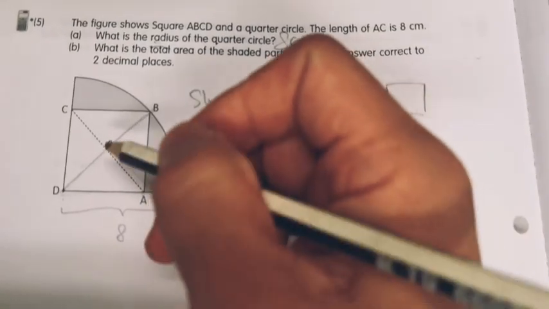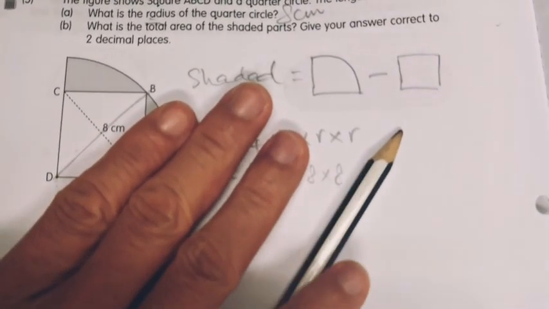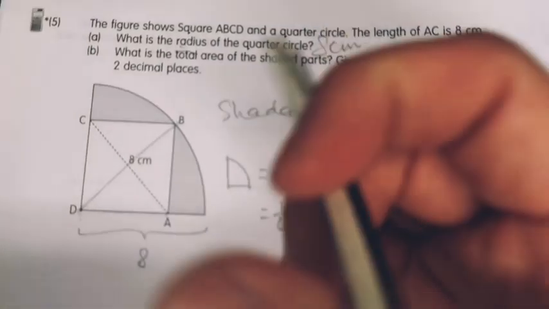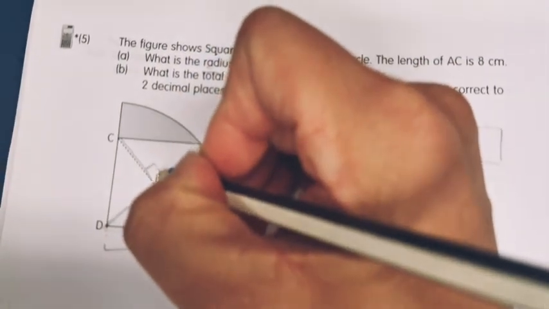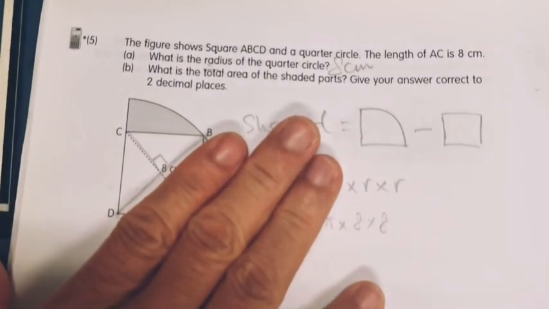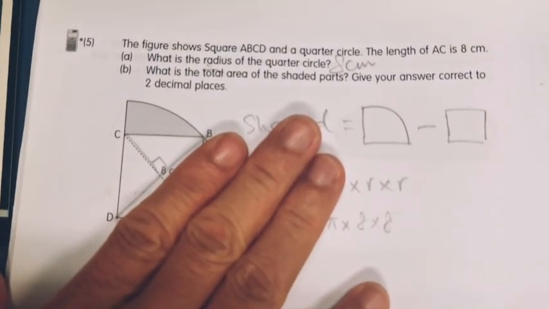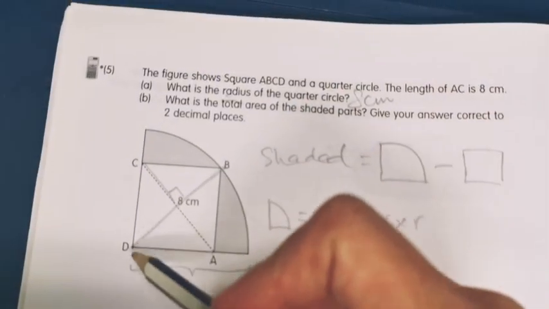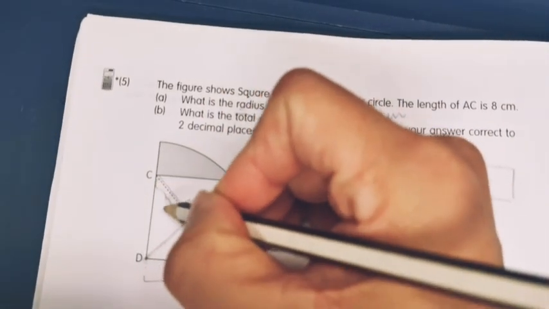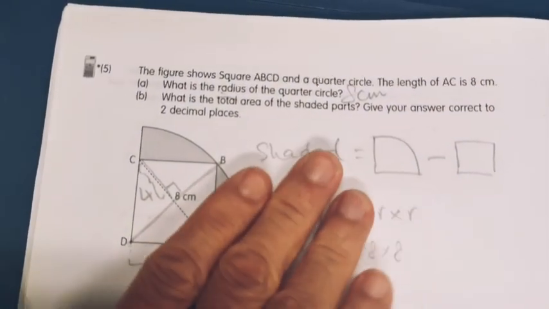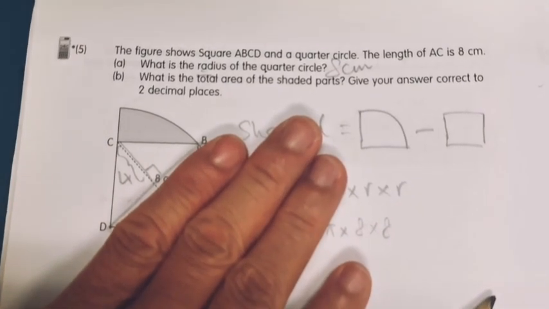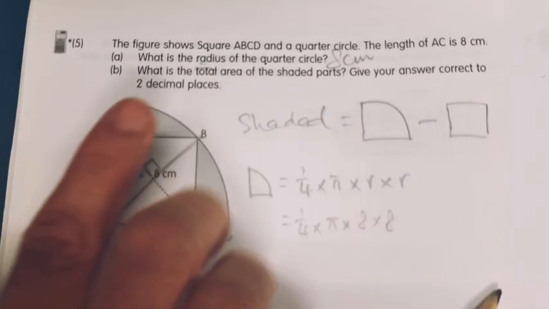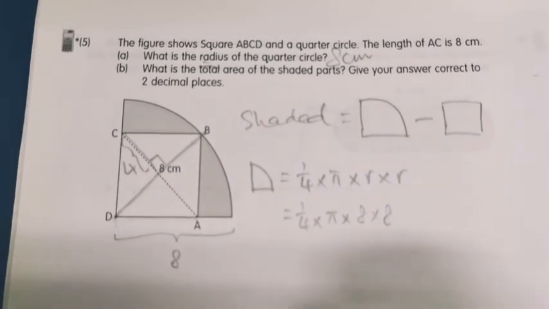Area of the square is, look, this is a triangle. So this is the base of my triangle, and this will be the height of my triangle, right? So this is the base, which is 8, and if I know this is 8, this will be 4. So use the formula half times base times height to find the area of this triangle, and with times 2, we'll get the area of the square.